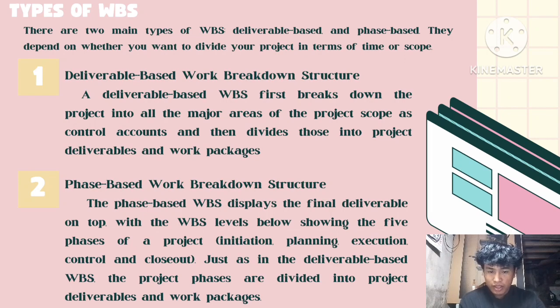Phase-based work breakdown structure. A phase-based WBS displays the final deliverable on top with the WBS levels below, showing the five phases of a project: initiation, planning, execution, control, and closeout.